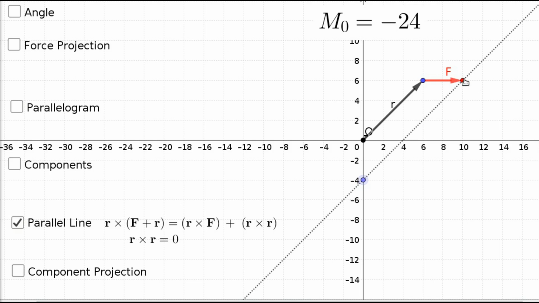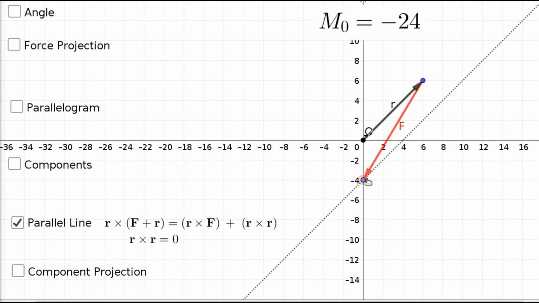Now if I move F to another point along this line, it's still minus 24. If I move F to any point that's on this line, we see the moment is the same. Minus 24.